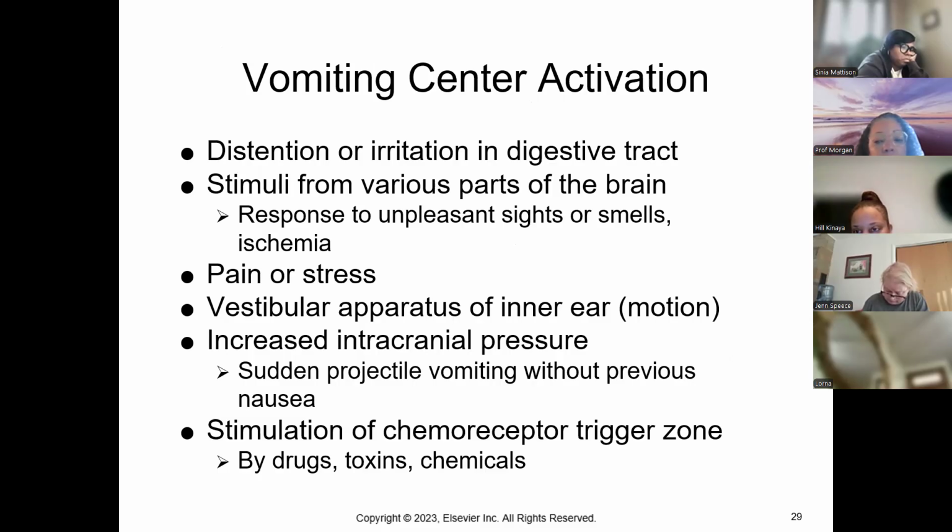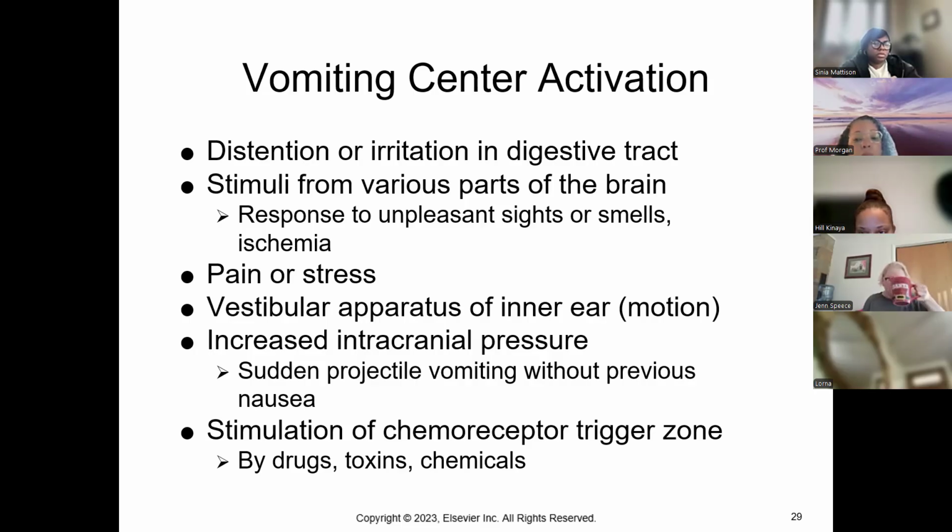The vomiting center itself is activated by things like distension or irritation in the digestive tract, stimuli from certain parts of the brain in response to some unpleasant sight or smell, or ischemia. So, like someone's having a stroke.